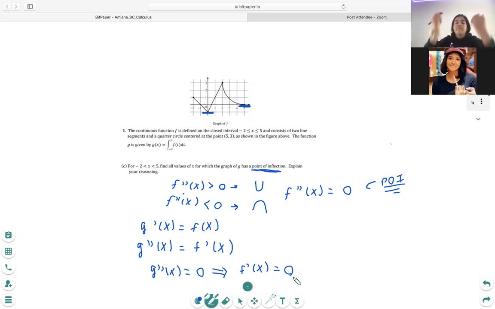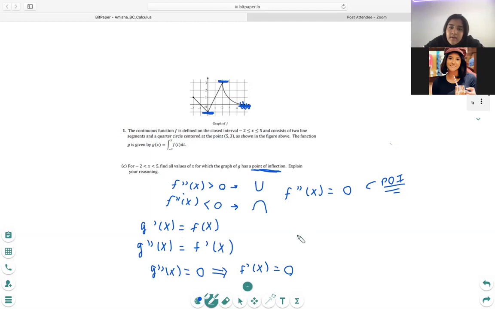Well, we talked about how f prime of x at any point means the slope of f at any point. So let's see. The slope of f is 0 right here and right here. Over here, we cannot be certain because we only see one side of it. We don't see the rest of that circle.